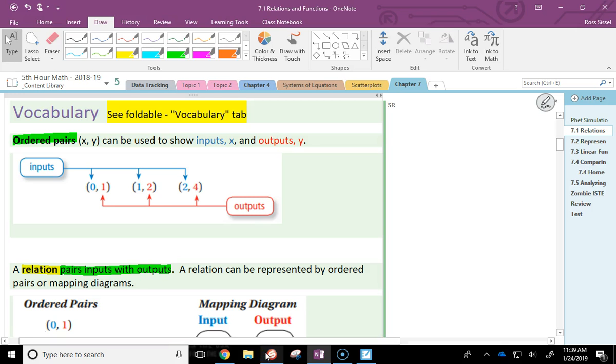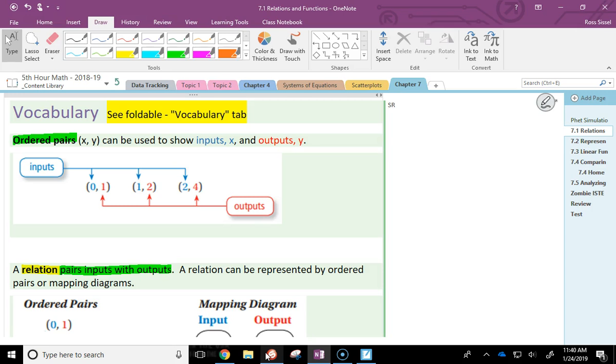Alright, so they're going to give us a couple definitions, some important things that we have to know. First, ordered pairs. We always write our ordered pairs, like on a coordinate graph, as X and Y. But ordered pairs can be used to show me inputs and outputs. If I gave you the coordinates 0, 1, 1, 2, 2, 4, you would be able to identify my input numbers are my X coordinates.